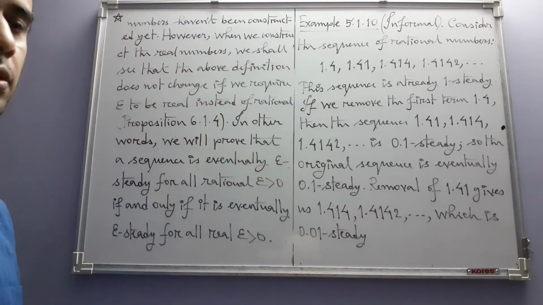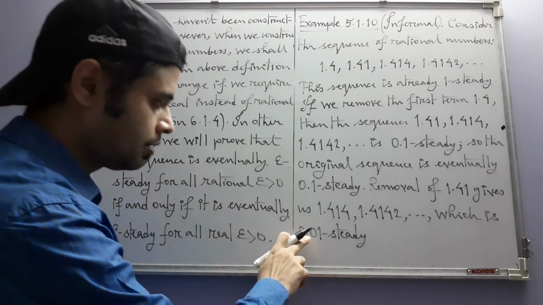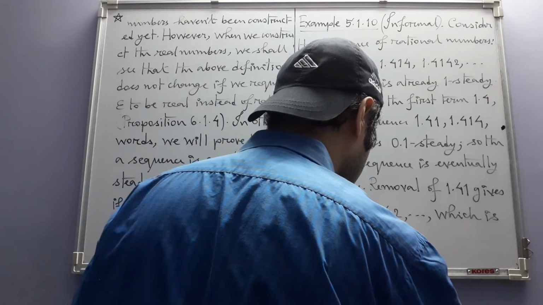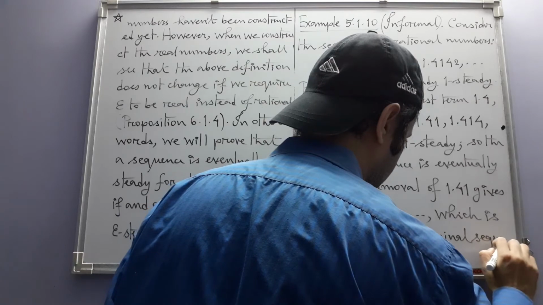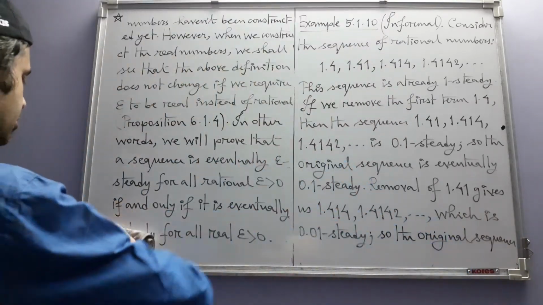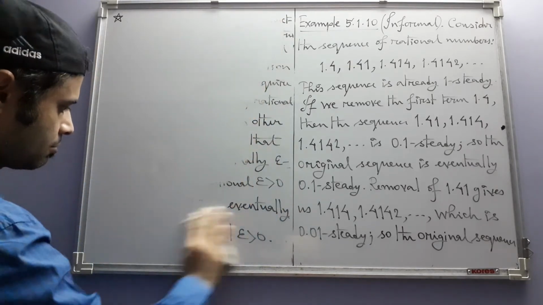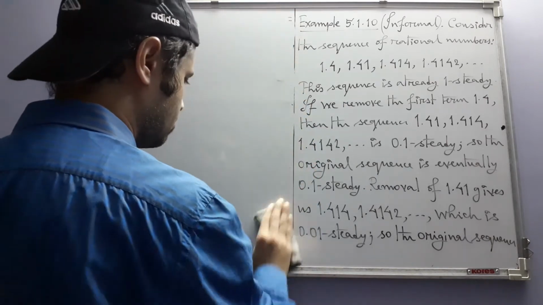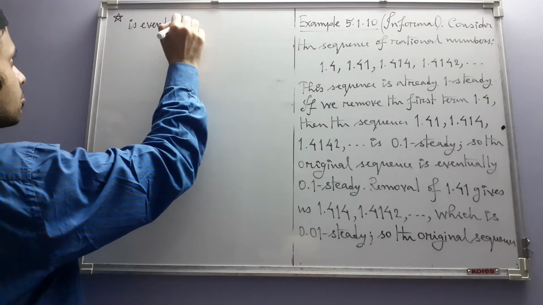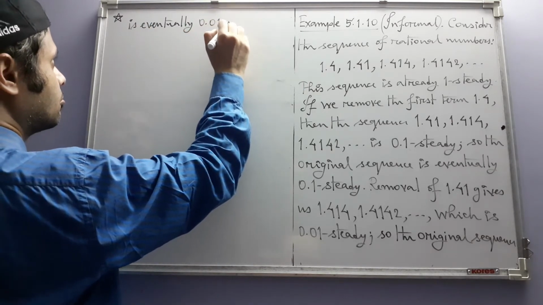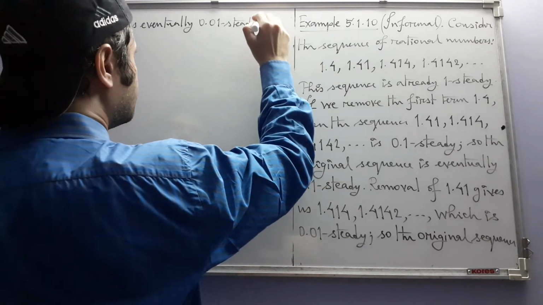So the more terms we are removing, the smaller the value of epsilon we are able to choose and make the remaining sequence, that is the sequence formed by the remaining terms, that value of epsilon steady. So the original sequence is eventually 0.01 steady. You can remove this one also and the process goes on. So you can write like this.